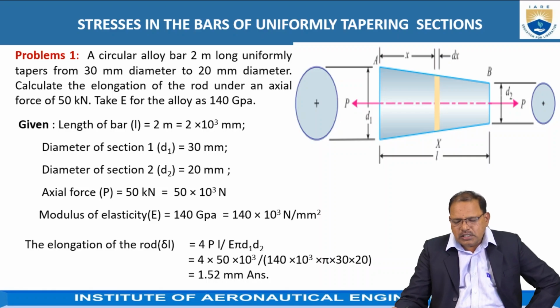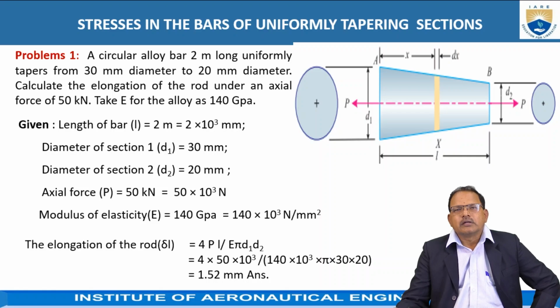Okay, the problem based on uniformly tapering section. A circular bar 2 meters long uniformly tapers from 30 mm diameter to 20 mm diameter as shown in the figure. Calculate the elongation of the rod under the axial force of 50 kilonewtons.